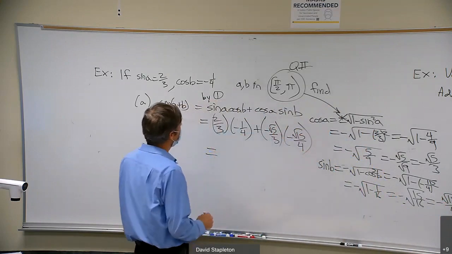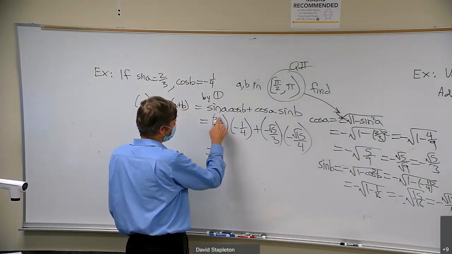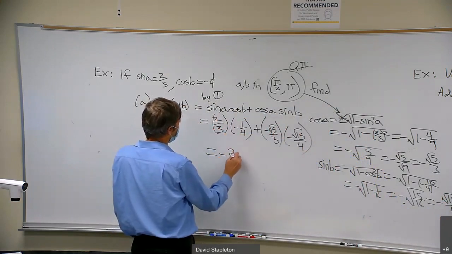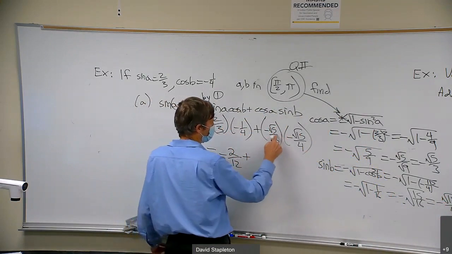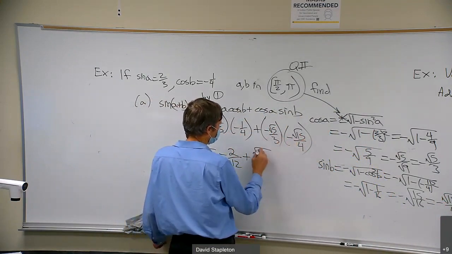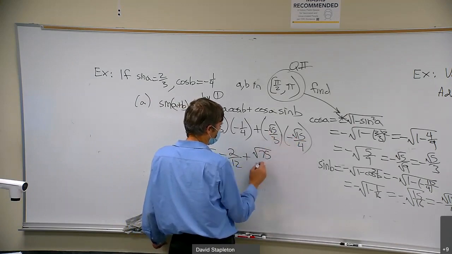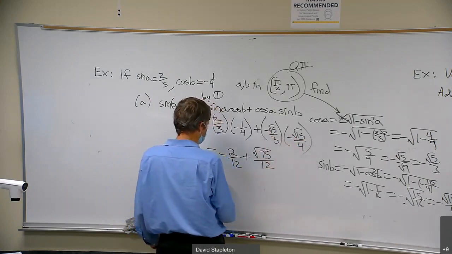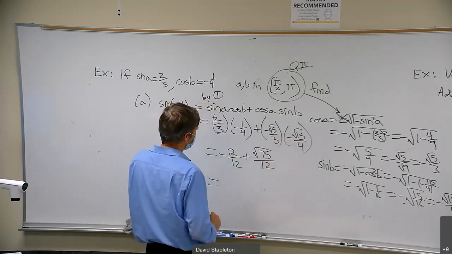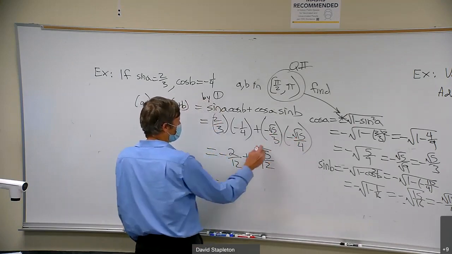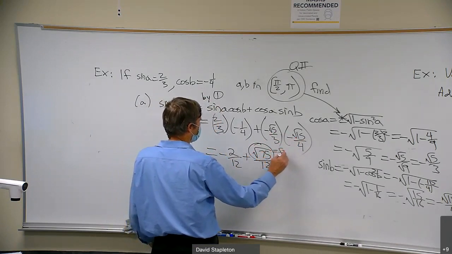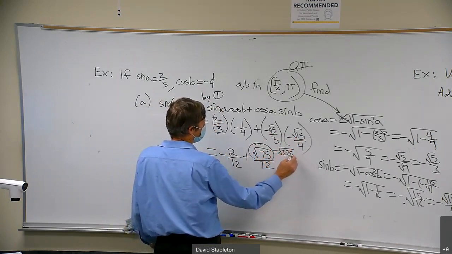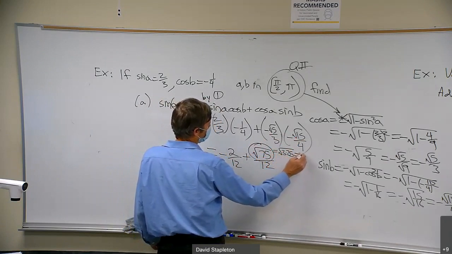So I can calculate this one as, let's see, minus 2/12 plus, because these minuses cancel, square root 5 times square root 15, which is square root 75, the product, over 12. And then square root 75 simplifies, right? This is square root of 3 times 25, which is 5 square root 3, since the square root of 25 is 5.